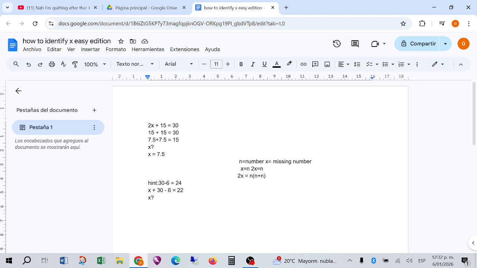Basically, I'm gonna show you this thing. But if you really want to know this thing and you really want to learn that math, then I'm gonna explain to you. Basically, x equals n, and n is one number, while 2x are two numbers, and 2x equals another number.